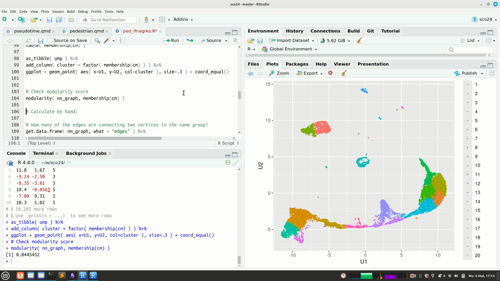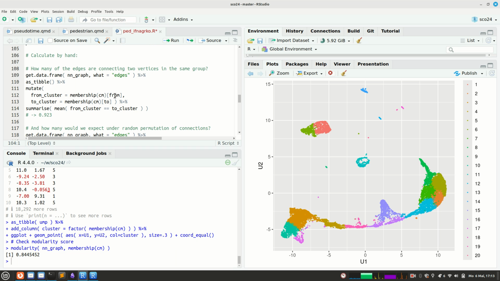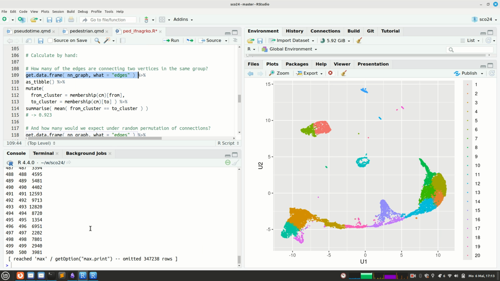In order to understand what this means and why this is high, we try to find out how this modularity function is actually calculated. So let me show you how this looks. To do this, I take my graph and turn this graph into a data frame.